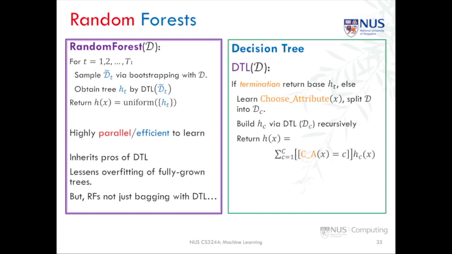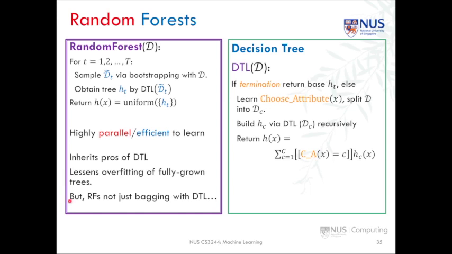And this will be very nice because it's very highly parallel, because we can run each of the decision tree learning algorithms separately, and it's actually quite fast to learn because the decision tree learning algorithm uses the choose-attribute function, which runs pretty fast if we have a small finite number of attributes or dimensions of our dataset. It inherits the pros of the decision tree learning algorithm, but because we're ensembling it into a forest, the threat of overfitting is ameliorated to an extent.